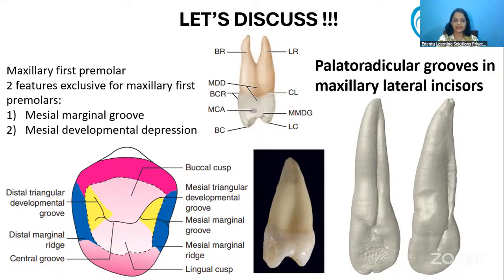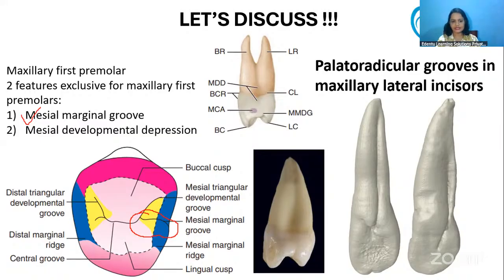The first one is the mesial marginal groove. It is also a developmental groove that extends from the occlusal surface, crosses the mesial marginal ridge here, and goes into the mesial side.